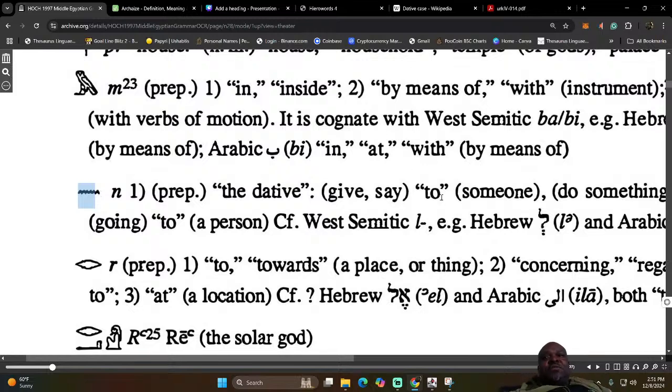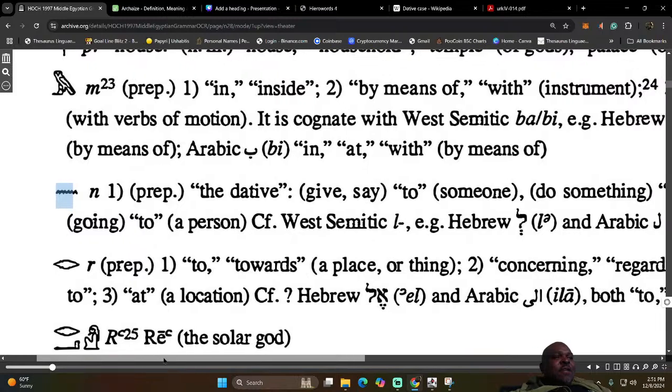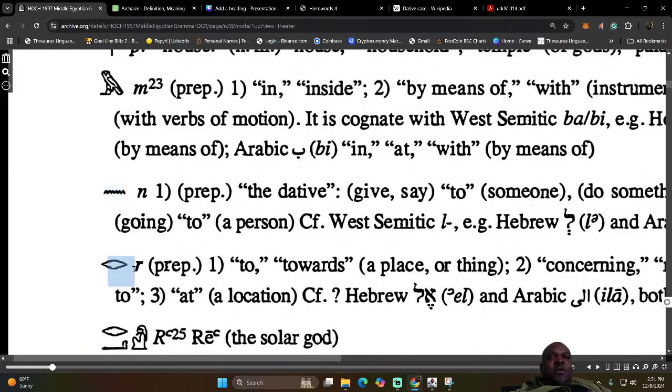That's why I say to someone, not to the store. No, that's not the right to. You're going to use this to. The R to is towards. To a place or a thing is R. To give me something is in. Y'all tripped off that? These are two different prepositions.